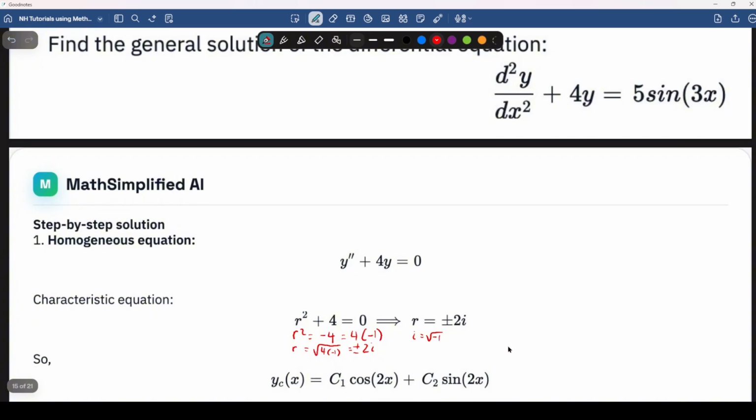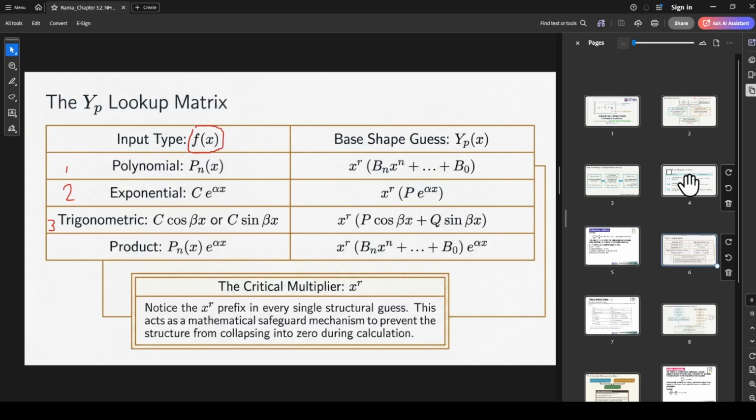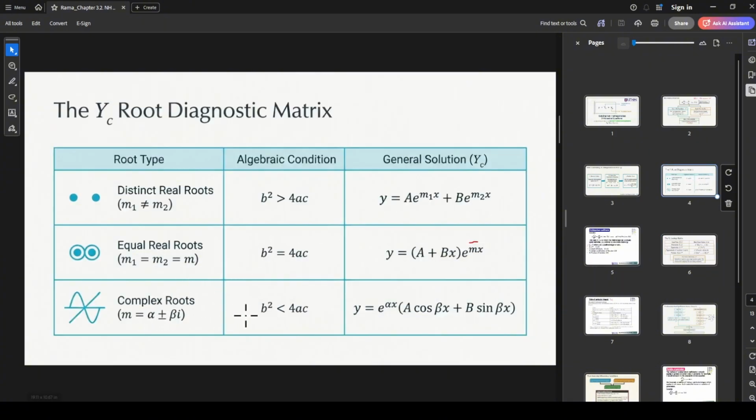Okay, so having the roots in the form of complex numbers, we can then refer to this table. Complex roots: y equals e to the power of alpha x times (a cos beta x plus b sin beta x).